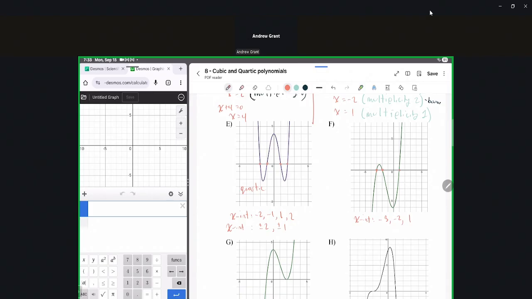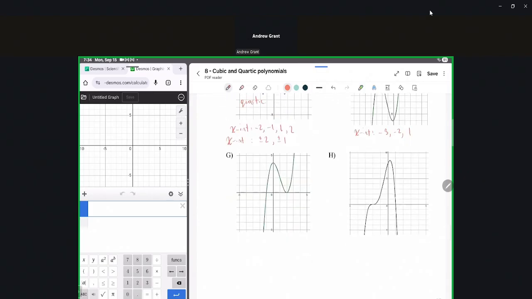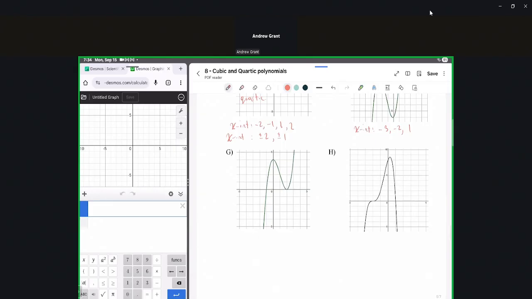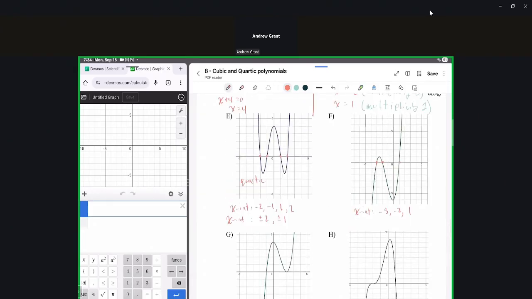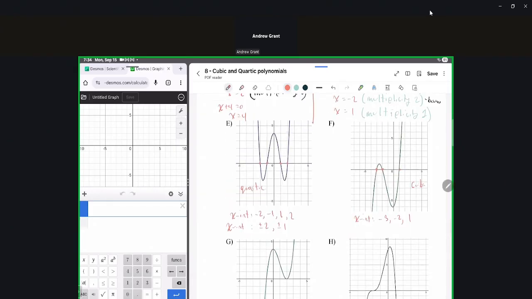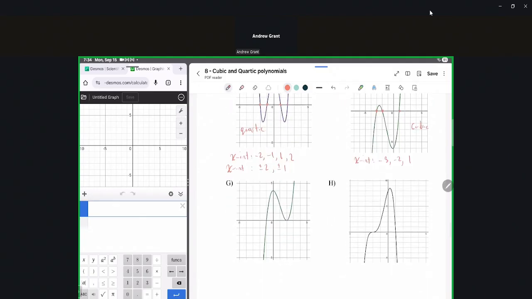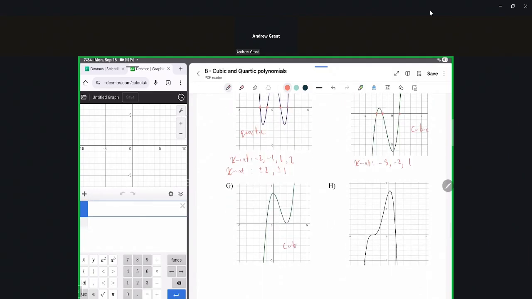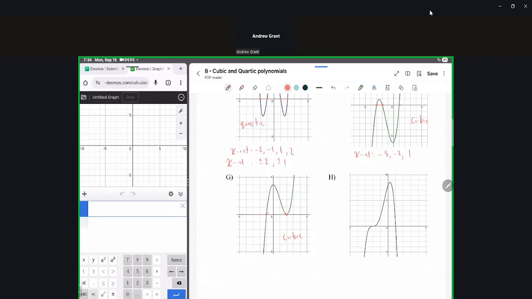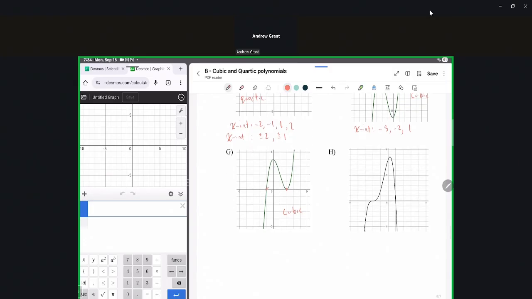So no problem. For letter G, this is a cubic, because I should write what kind of functions those are. And this time around, we only have 2 x-intercepts. But if you notice, we've got that bounce there, right?